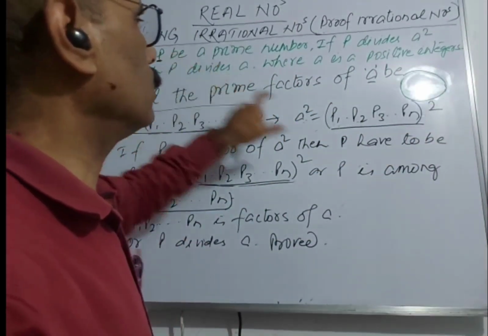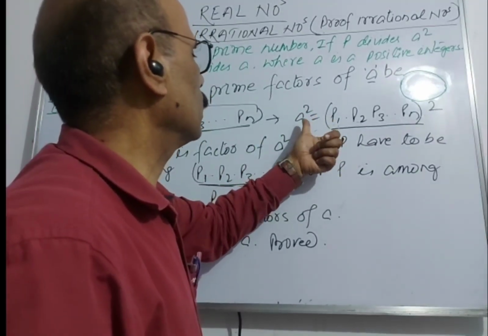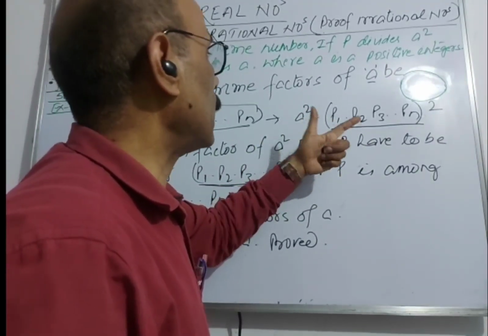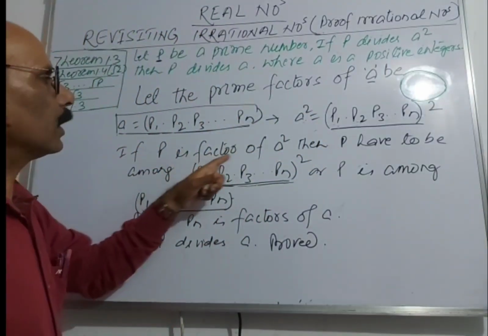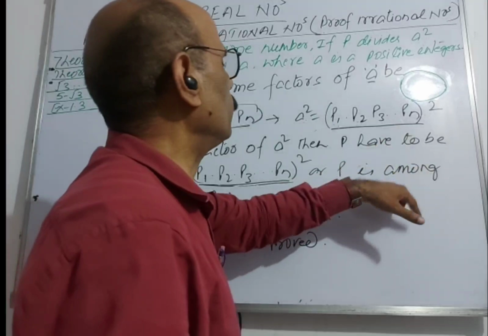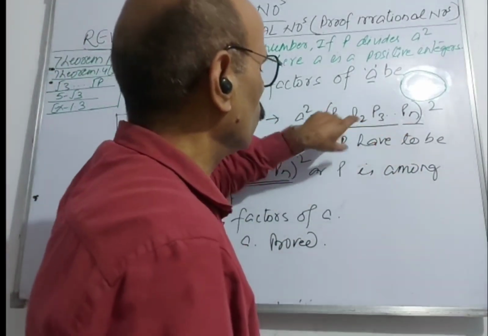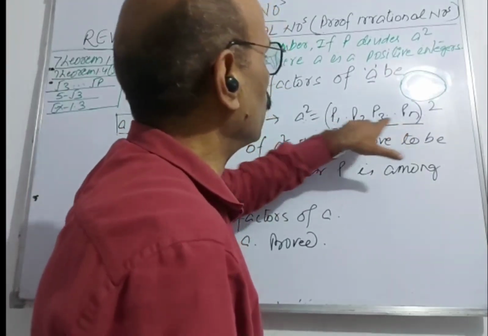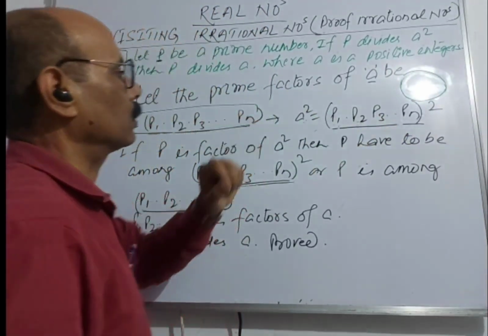If any number divides A square, that means that number is a factor of A square. So P has to be among these, since these are all the factors of A square.